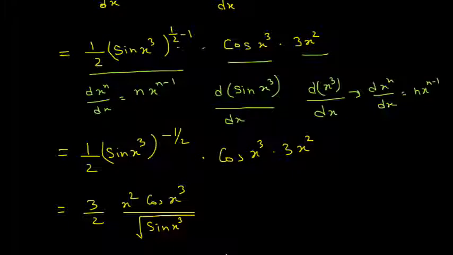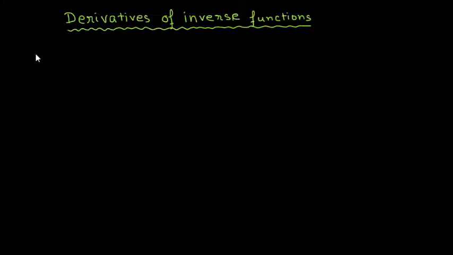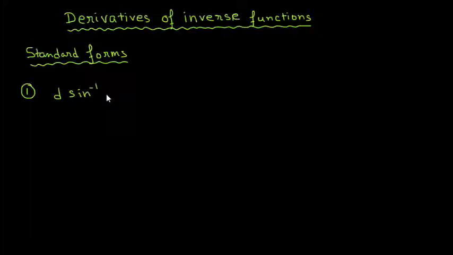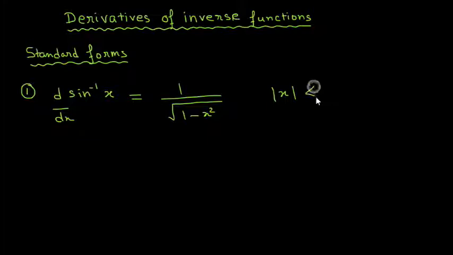Now let us see the next sum. So now we'll study derivatives of inverse functions. A few of the standard forms are: first, d upon dx sine inverse x is equal to 1 upon under root 1 minus x², where modulus of x is less than 1.